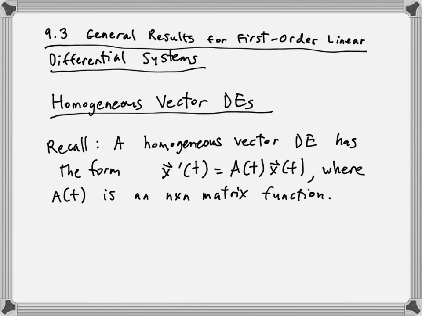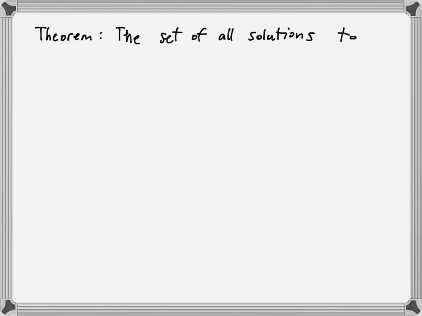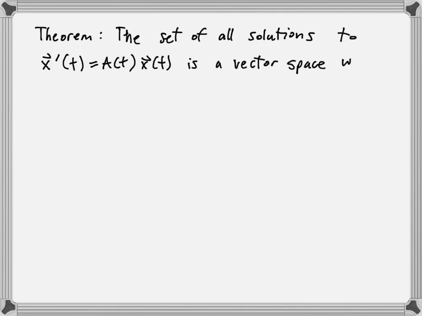Okay, so we have a nice theorem that deals with this. So let me write down our theorem. The theorem is the set of all solutions to x prime of t is equal to A of t x of t is a vector space with dimension n.